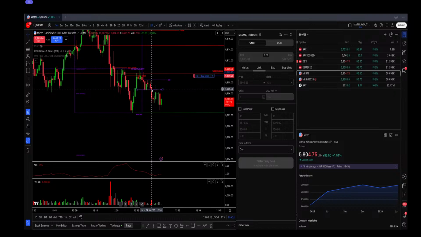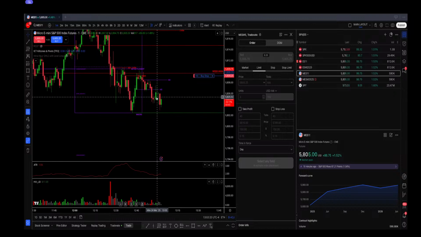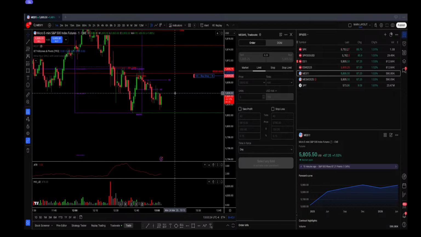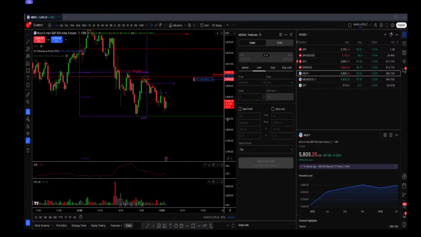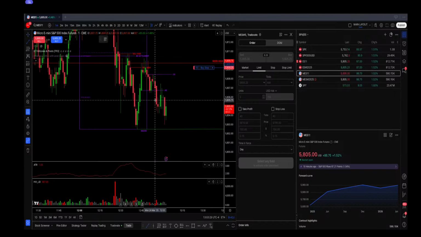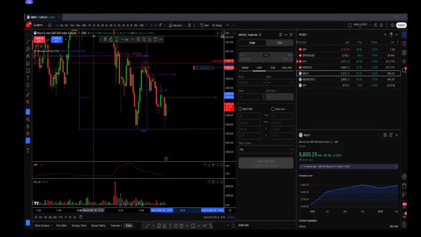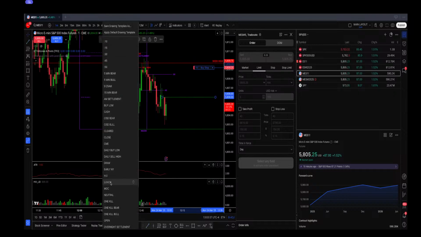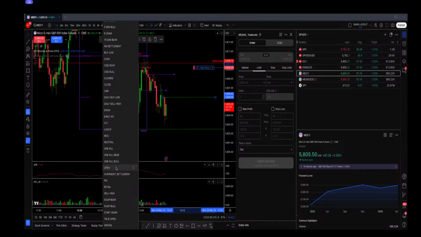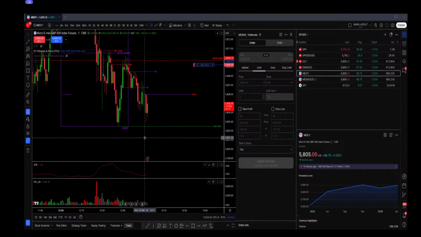That's the last seller's candle. So added volume here. The close/open of the hour is here. So that's pretty clean. And this isn't marked as a seller's candle because there's no added volume.